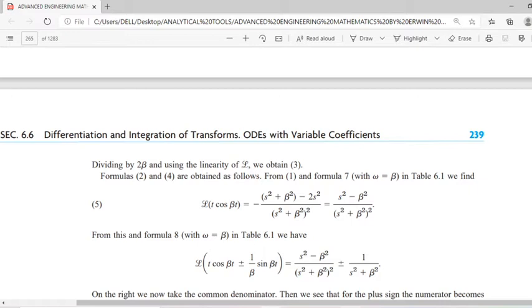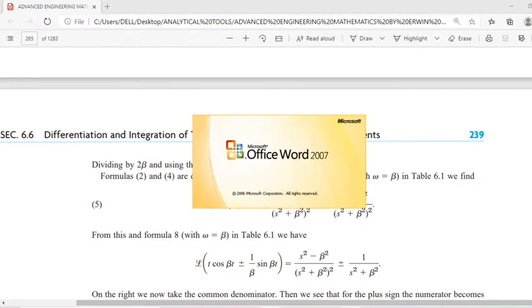Similarly, what is the case of cos? I will show that formula here.